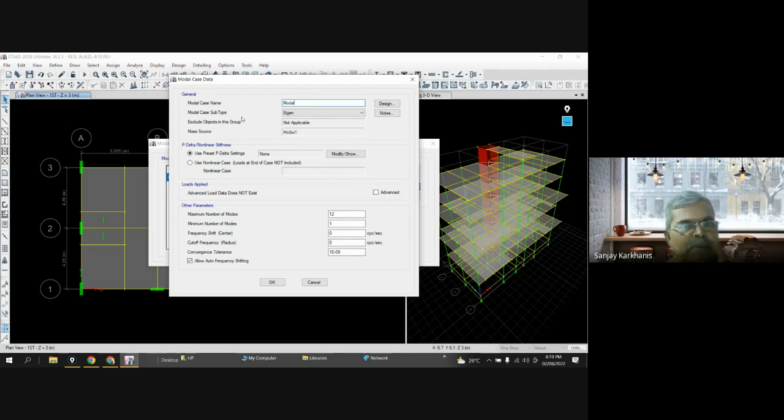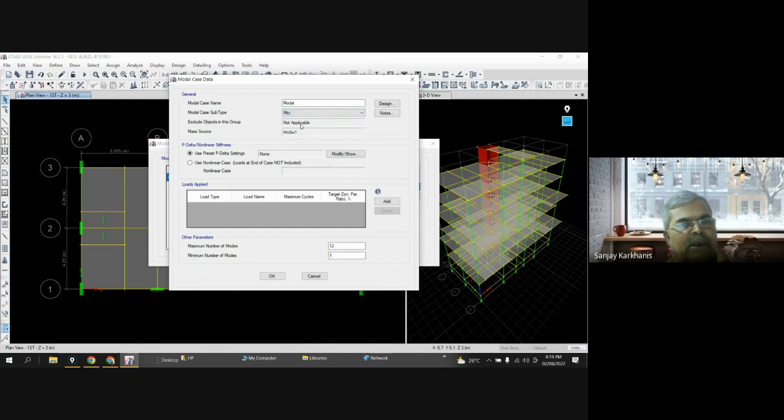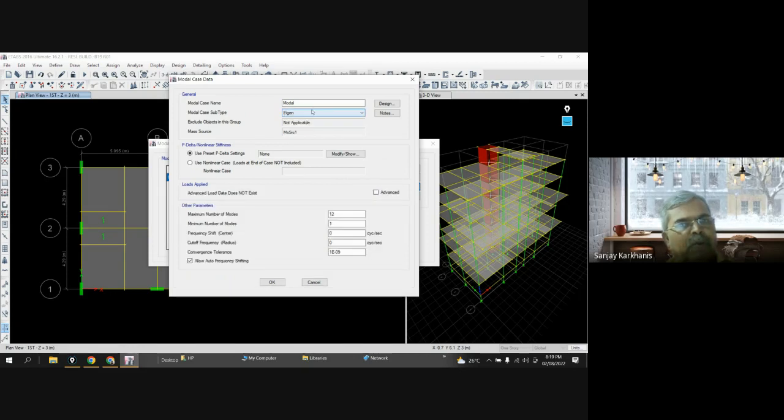Then the model case subtype is eigen, that is eigen free vibration analysis or ritz vector free vibration analysis. Ritz vector is something different, so you don't want that. You want a free vibration analysis. That's why by default eigen is always there.